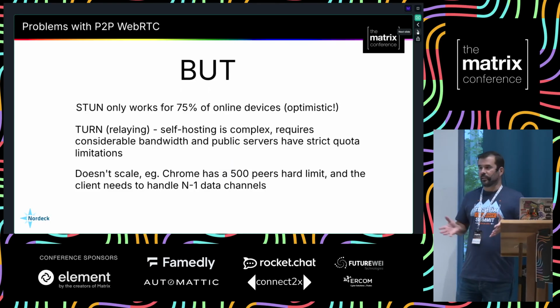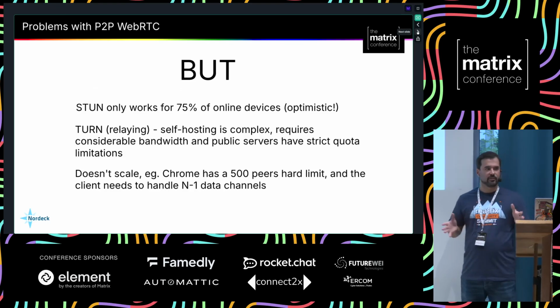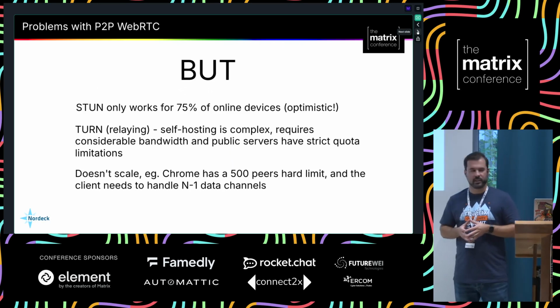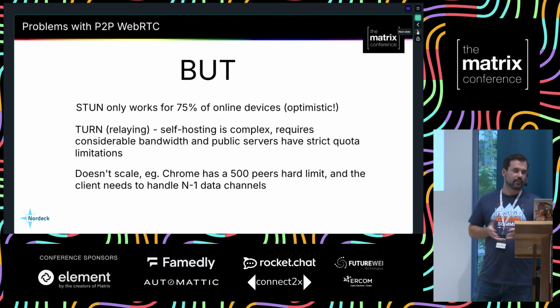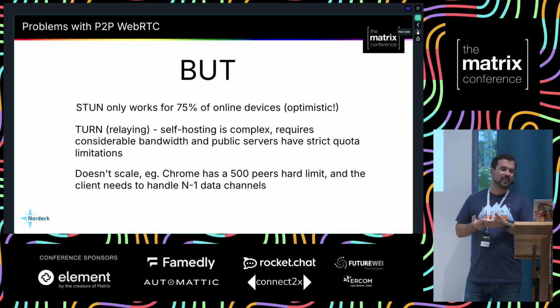But this wasn't working very well. Realistically, STUN only works for 75% of online devices. This is the metric I could find as a reference, but in our testing, it wouldn't really be that high. And then for the relaying part of data, when you can't access the device directly through the NAT or other issues in routing, you use relaying, but then setting up a relay server is just another infrastructure complexity.